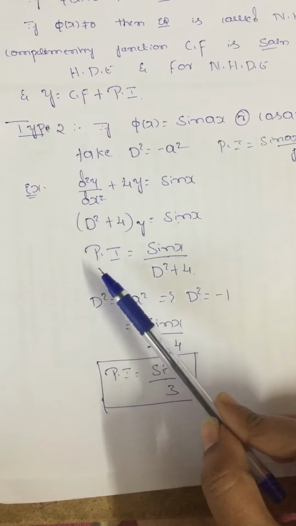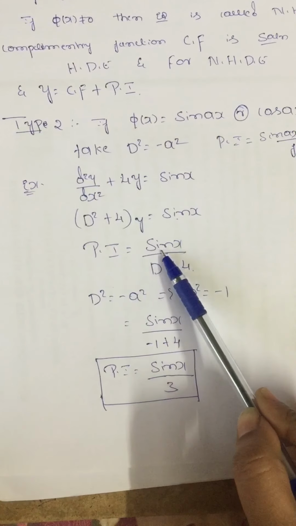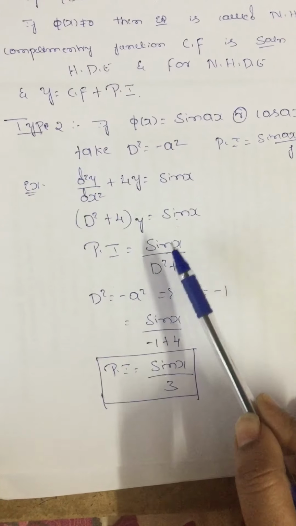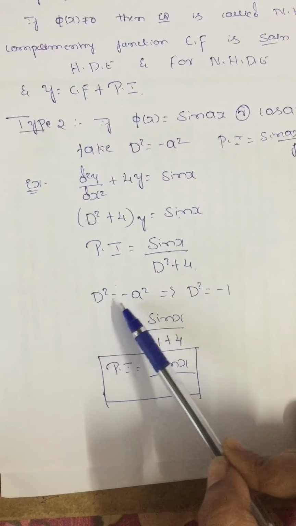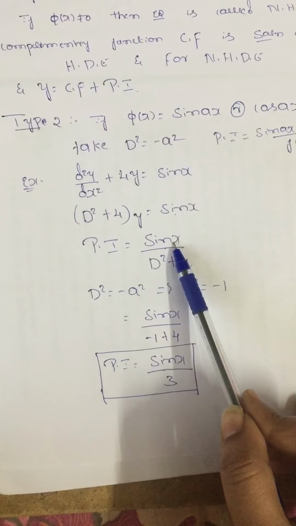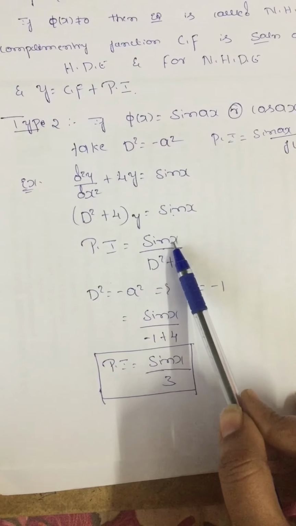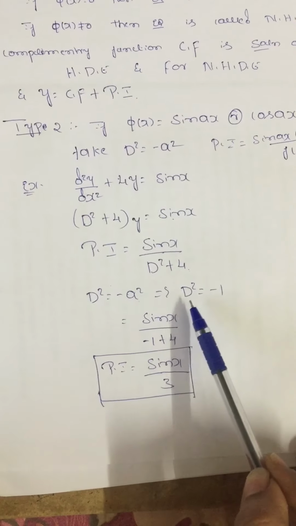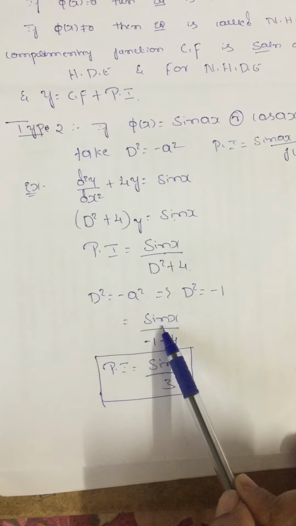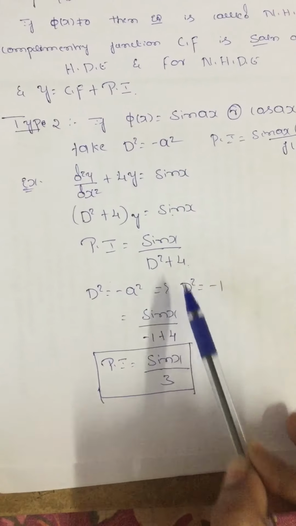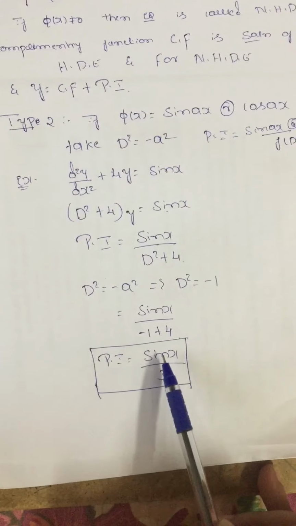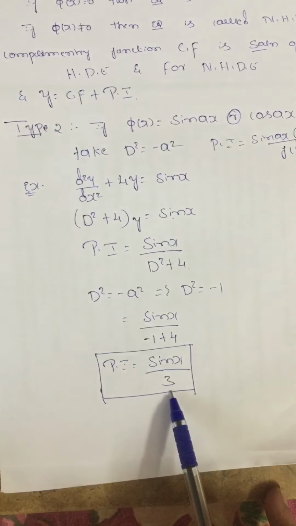The particular integral is sin x divided by d square plus 4. According to the rule, we take d square is equal to minus a square. The coefficient of x is the a value, that is a equals 1, so d square is equal to minus 1. So sin x divided by minus 1 plus 4, and 4 minus 1 equals 3. That is, the particular integral is sin x by 3.